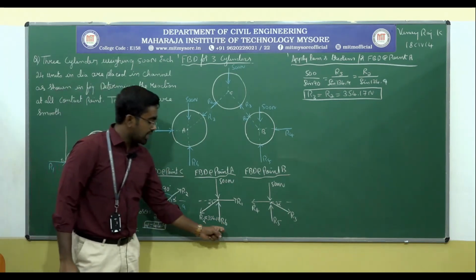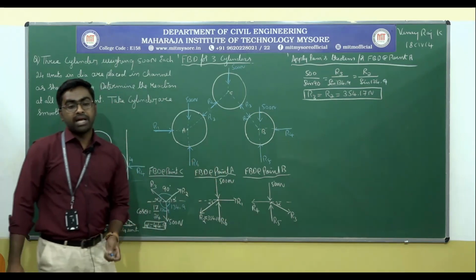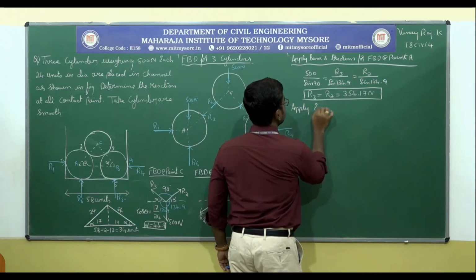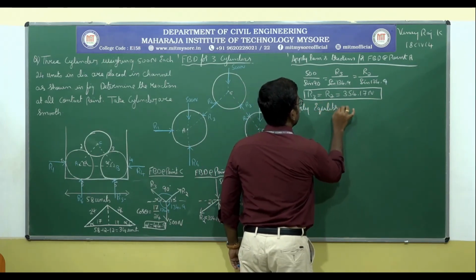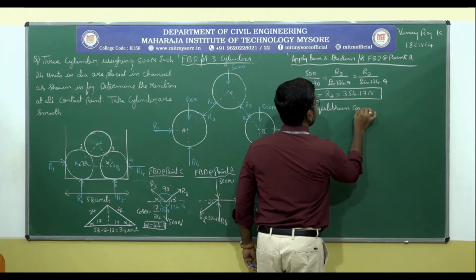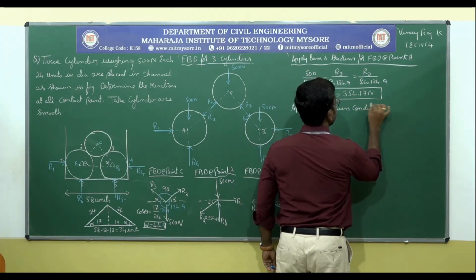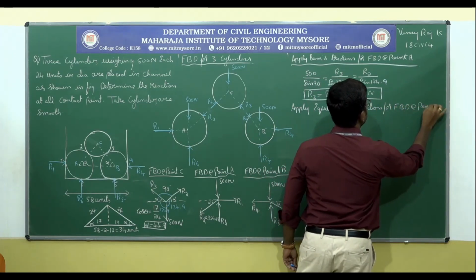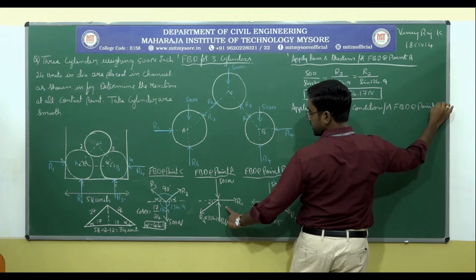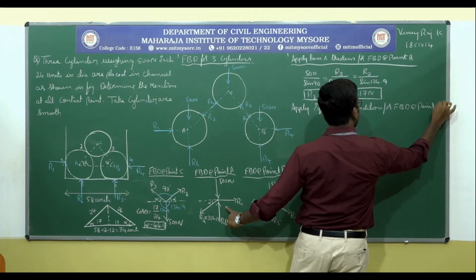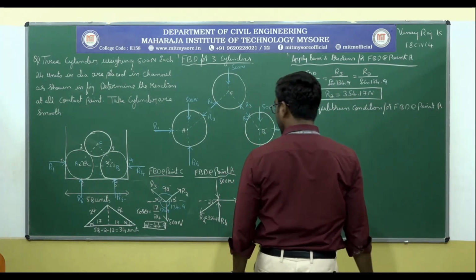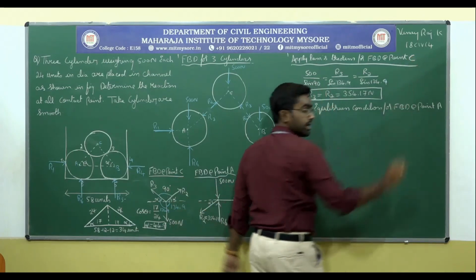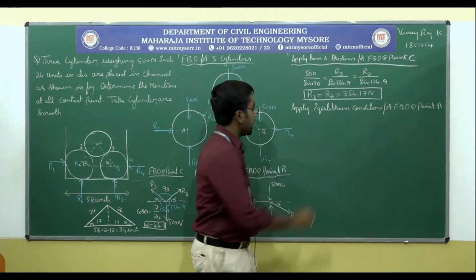Now I need to calculate only R6 and R1 by applying the equilibrium condition for the free body diagram at point A. So this is not A, this will be C. So this is at point C. So this is at point A, right?